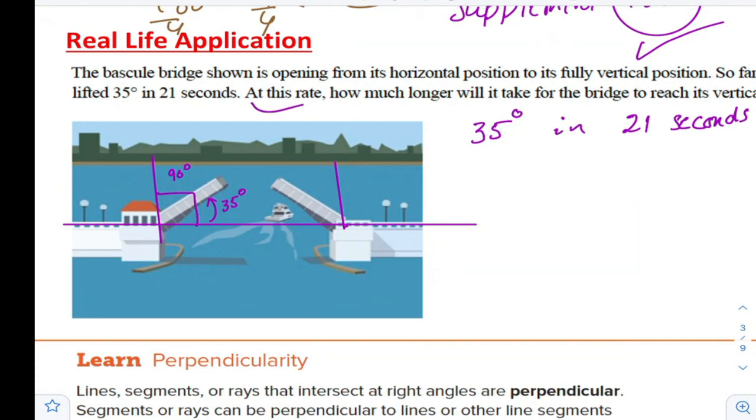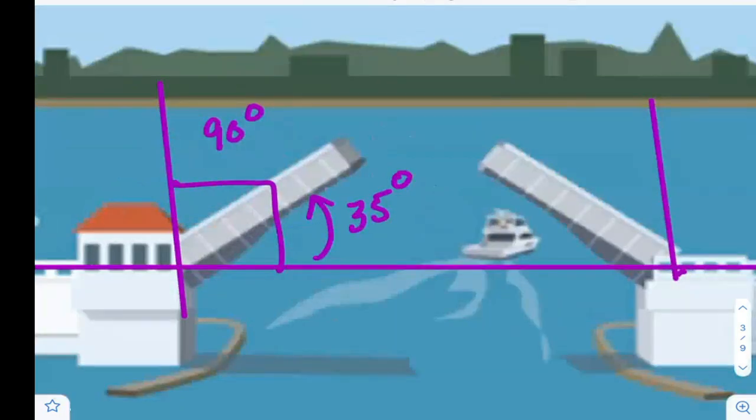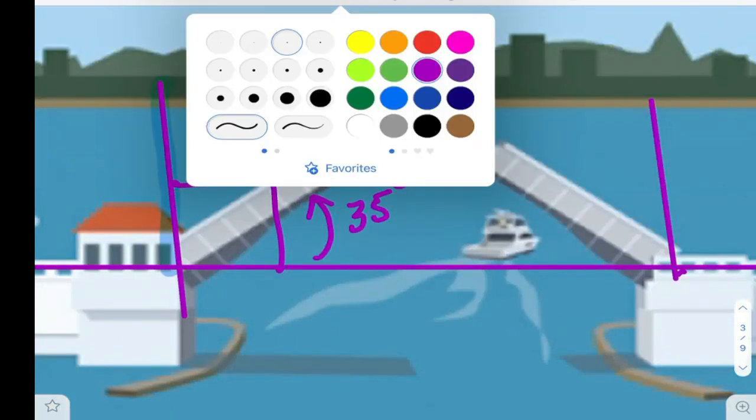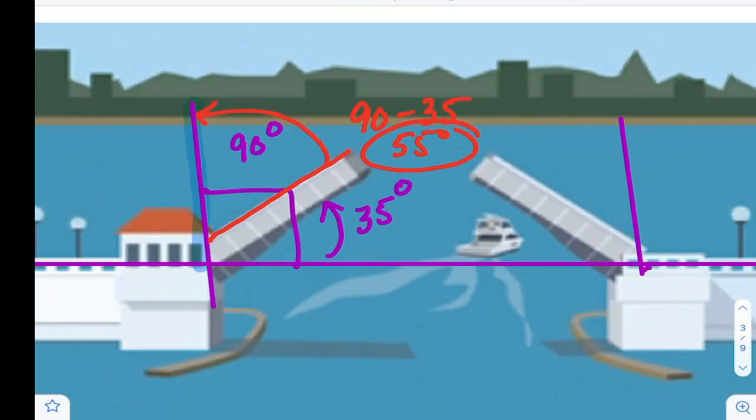At this rate, بنفس السرعة, if we continue, how much longer, يعني the time is how much, to reach its vertical position, يعني to reach here? So how much is left for us? We are still here, and we want the rest. That means we are looking for the complement, which is 90 minus 35, which is 55. So 55 degrees left here.